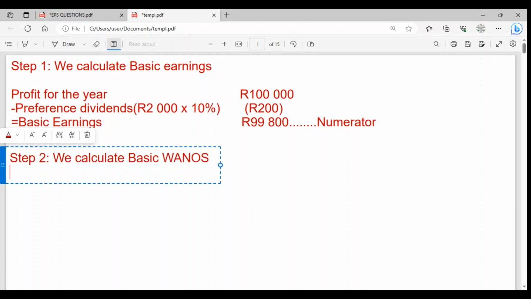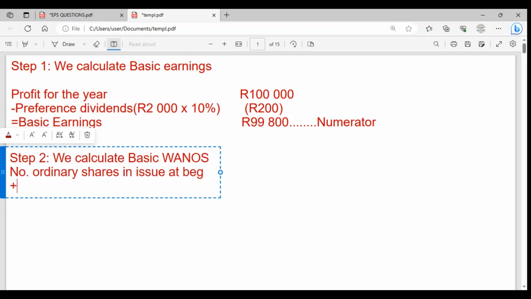So guys, how do we get basic WANOS? To get basic WANOS, you take the number of ordinary shares in issue at the beginning of the year, and then you add new shares issued for value.